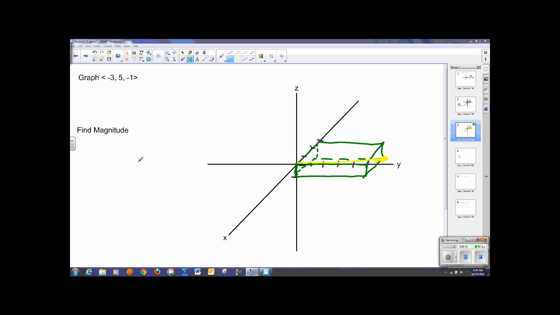And then once again, to find the magnitude, I just take 3 squared, add it to 5 squared, and 1 squared. Obviously, these negatives aren't going to make much of a difference, but I'll put them in anyways. Square root that whole guy. You've got 9, 34, 35, and that's your magnitude.